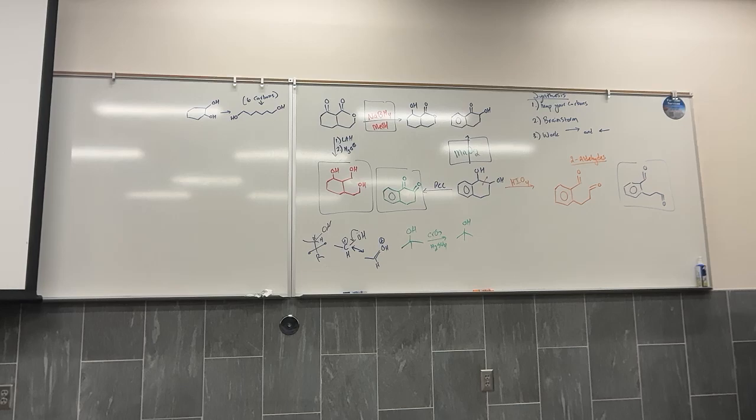Well, this one has no reaction, right? So if I did NaBH4, it has no reaction with the carboxylic acid but does react with the secondary alcohol's ketone. Ketone. Good.